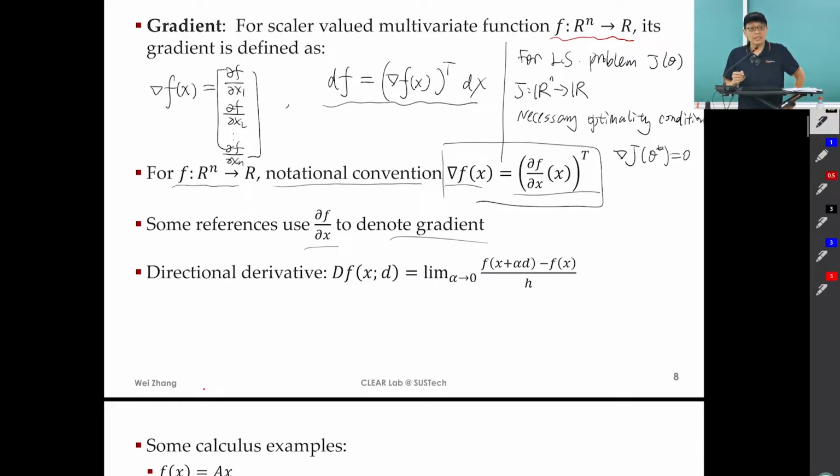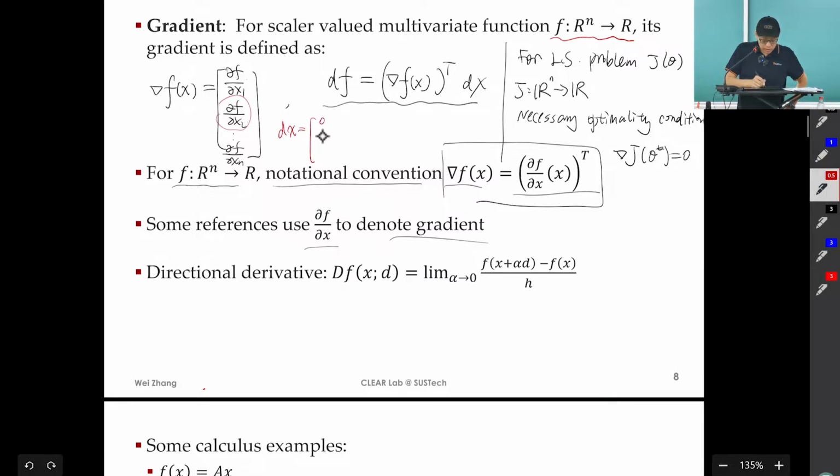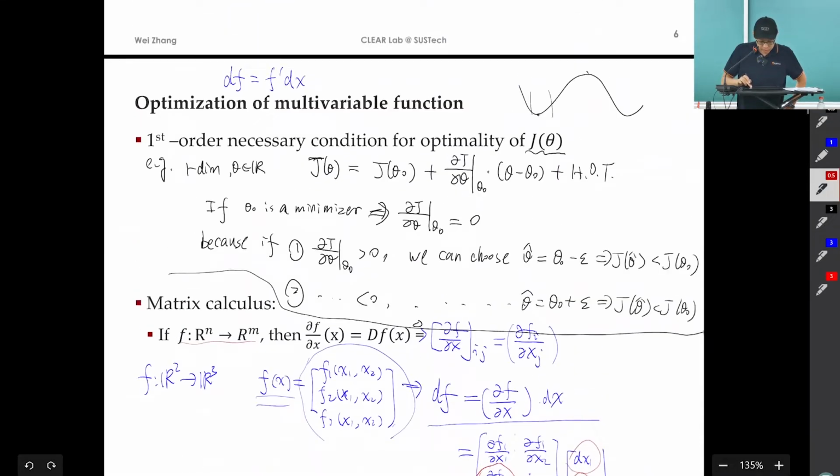If the gradient is non-zero, what will happen? At least one of these entries is non-zero. Maybe some of them are 0, but some are non-zero. Let's pick one; this one is non-zero. Then I can find a delta x that is 0 for the other entries. Say this one is positive.